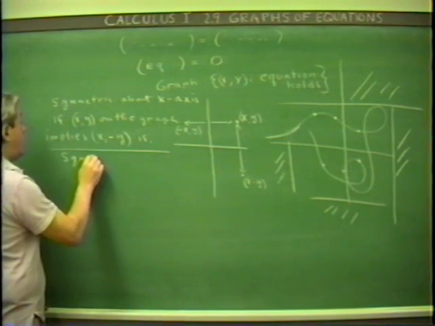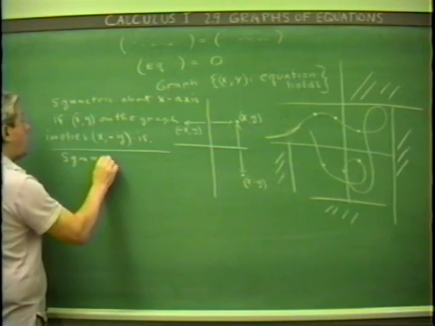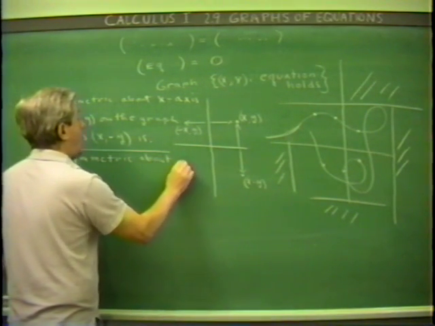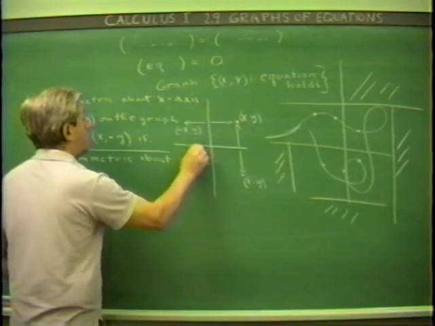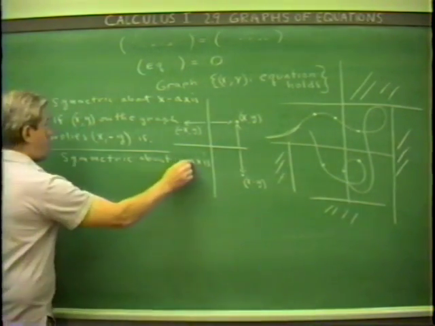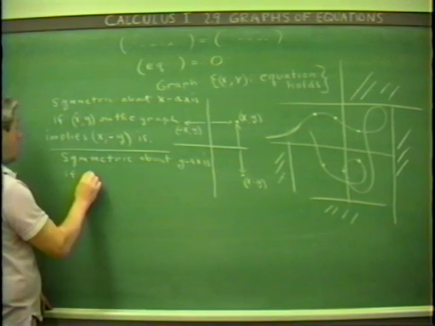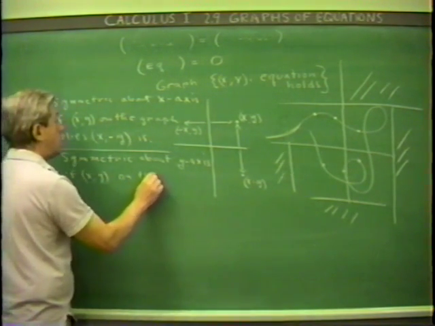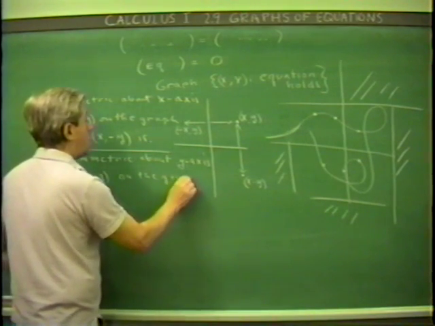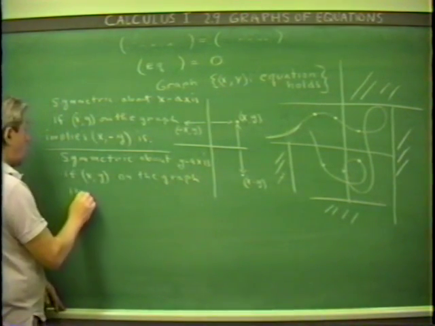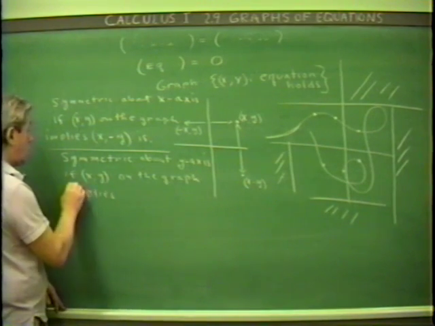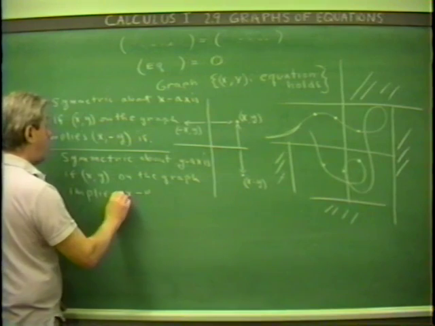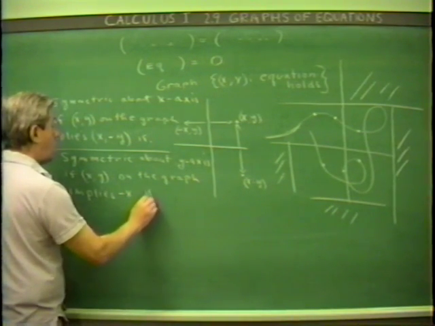That's to say, the equation is said to be symmetric about the y-axis if x, y on the graph implies minus x, y is on the graph.